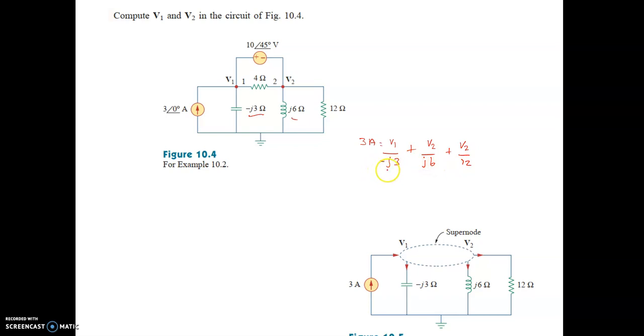Instead of taking the LCM, you can directly take the inverse of each: 1 by minus J3.